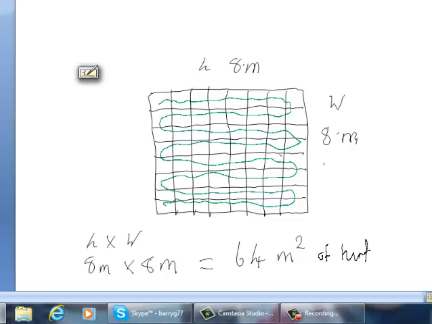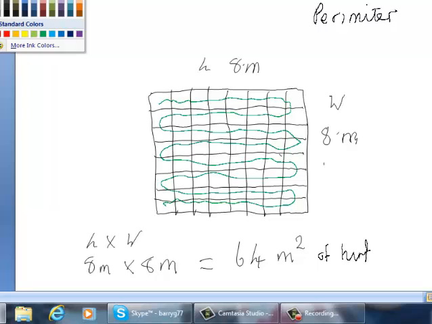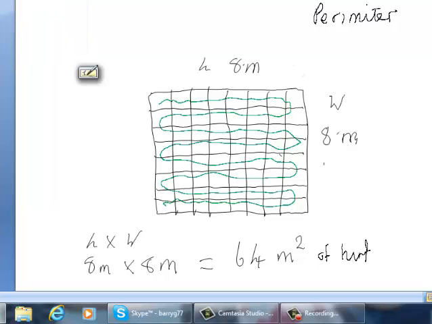Right, I discussed prior to the introduction the perimeter of the square. Now the perimeter, I'm just going to write perimeter. The perimeter is the area deemed, the area around our lawn.